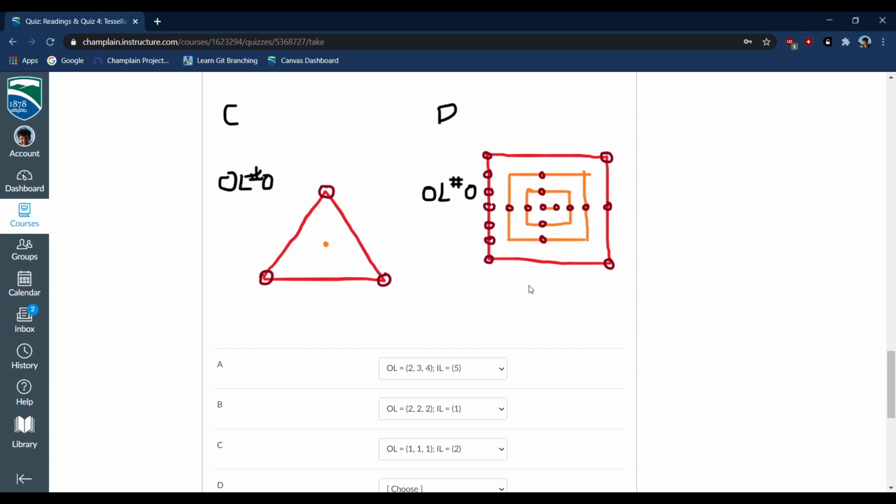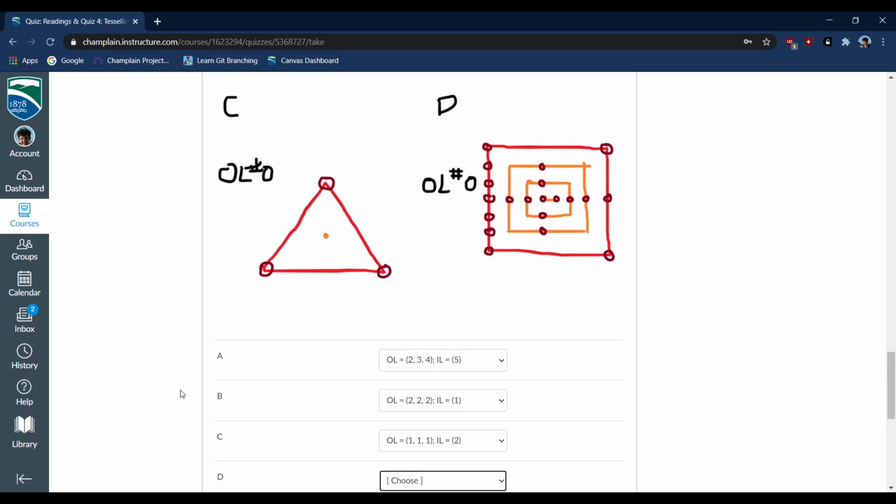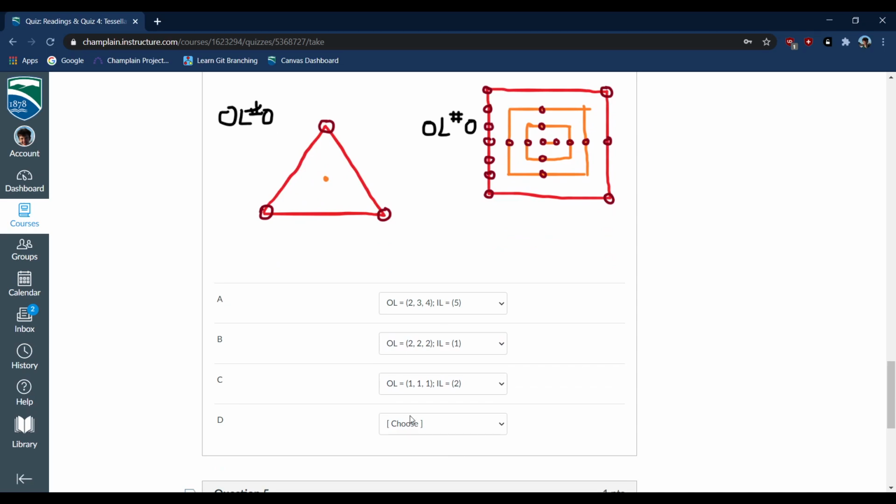And then, oh god, this one is 1, 2, 1, 1, 2, 3, 4, 5, 6. So whatever one has 6 in here. 6, 6, 1, 2, 1. Okay, there's two 6, 1, 2, 1s.